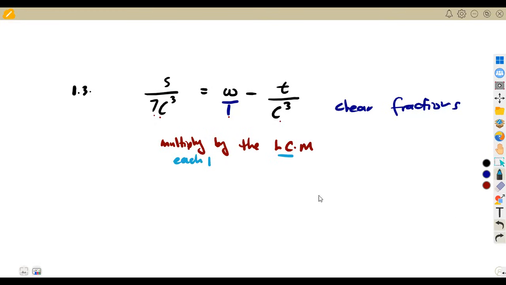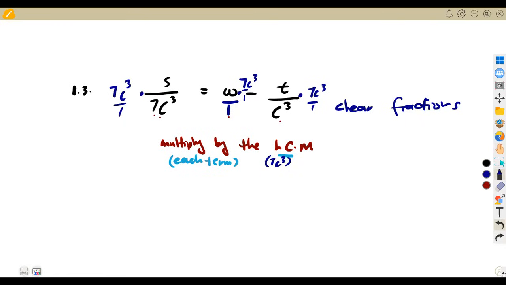Each term is supposed to be affected by our LCM, which is 7c to the exponent of 3. Omega is the same as omega over 1, and the other term is over 1 as well.